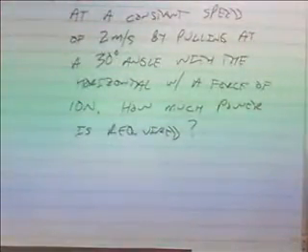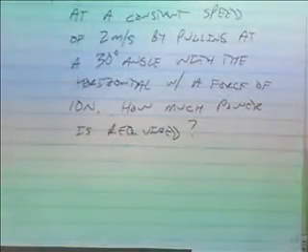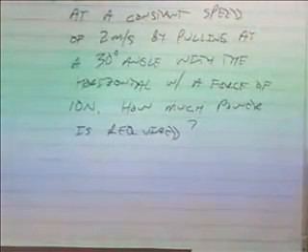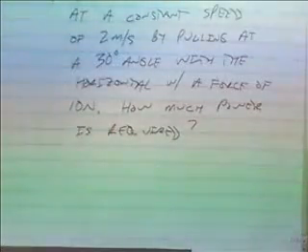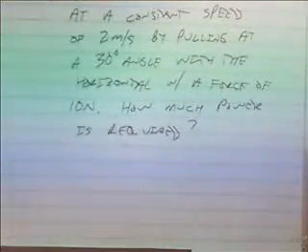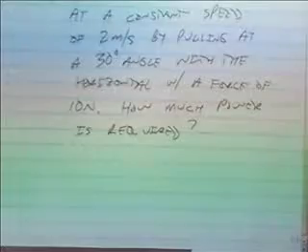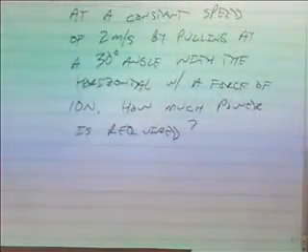So I could say something as simple as this: a boy pulls his wagon at a constant speed of 2 meters per second by pulling at a 30-degree angle with the horizontal with a force of 10 newtons. How much power is required to keep the wagon moving at 2 meters per second?